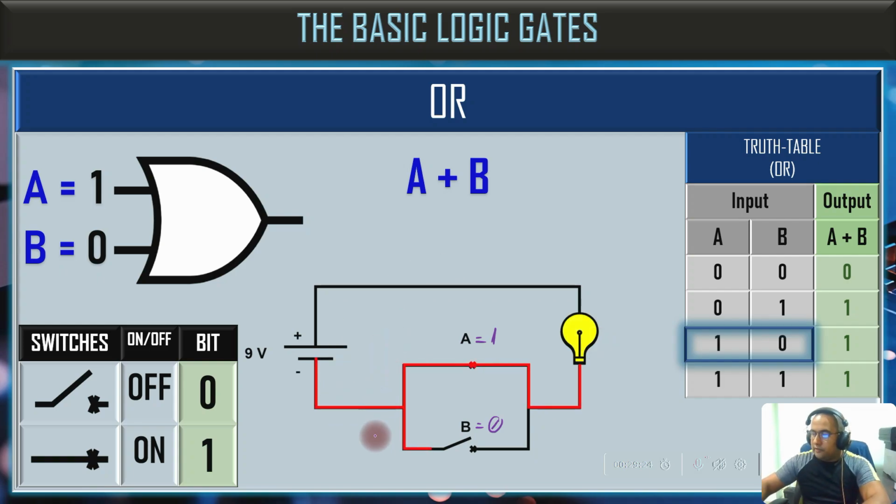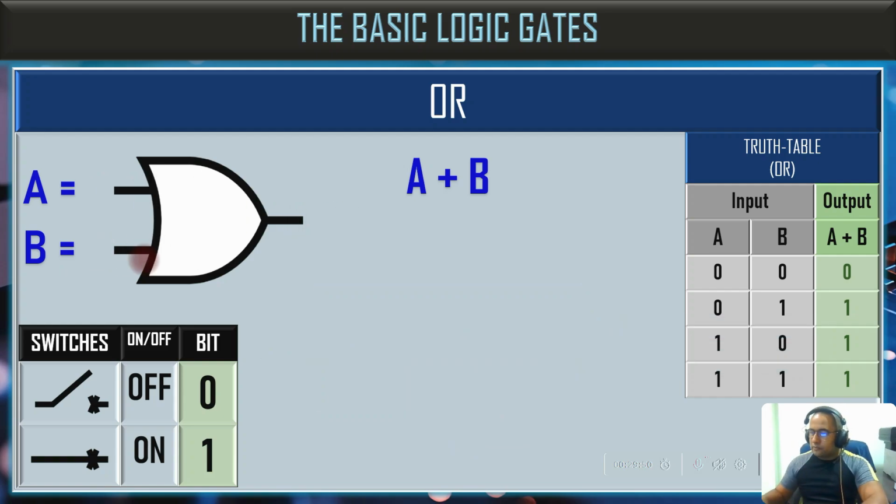Yes, because this time switch B is off, but switch A is on. So the current will have a clear path through switch A to reach the bulb and turn it on. Okay, therefore the output is 1. This demonstrates that the combination 1 OR 0 results in output 1.